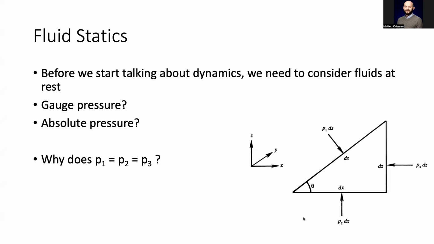So sine theta would be B over C times C is B. So what is ds times sine theta? Okay, but in this picture, it's dz, right? Okay, so the geometries are the same.